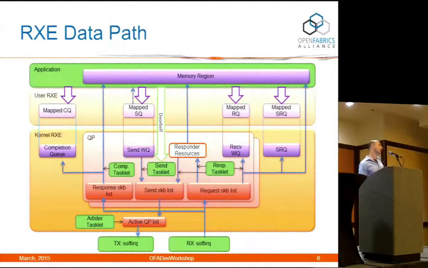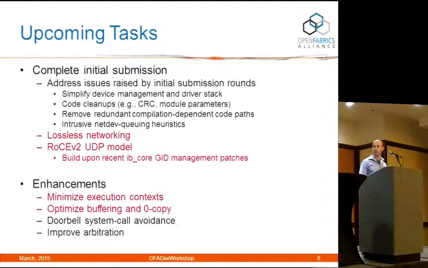And that's very easy to detect. So in that case, I know that the kernel is already busy scheduling packets out. There's no need to do a system call. So I can detect that, and I can add additional packets from user space without any system call. So in all the cases where I'm hardware bound, I can eliminate system calls completely. So this is the item of doorbell system call avoidance.